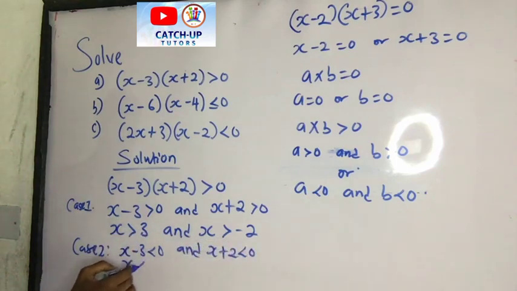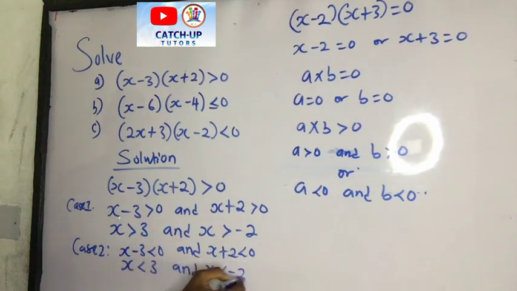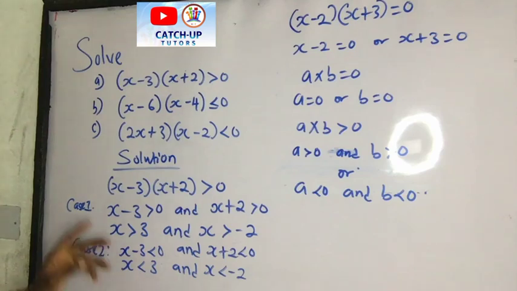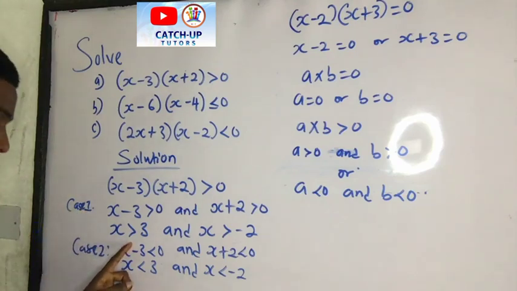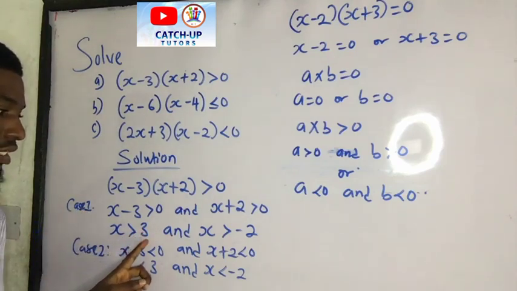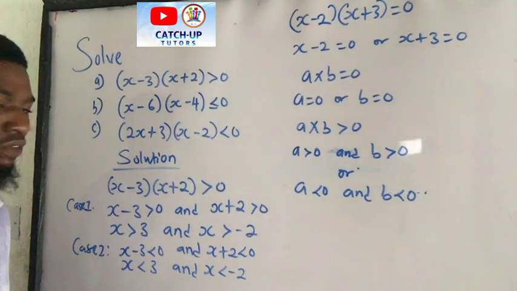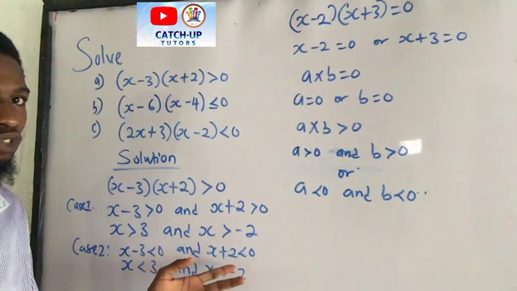Here you have x less than 3 and x less than minus 2. There is something important here that we need to understand. Look at the first case: we have x greater than 3 and x greater than minus 2. When x is greater than 3, we don't need to have x greater than minus 2 again.